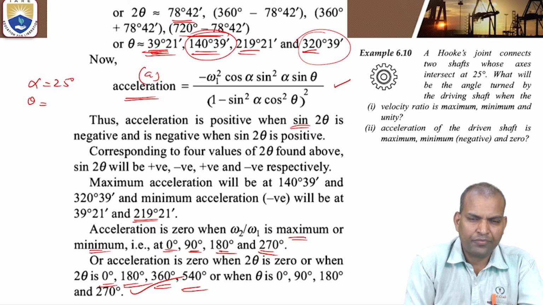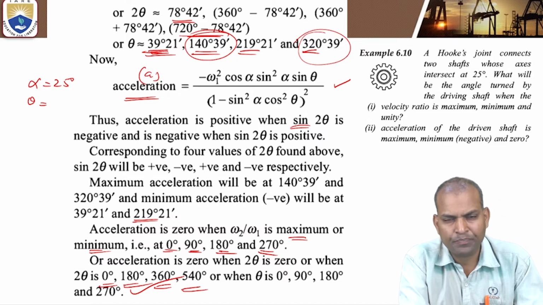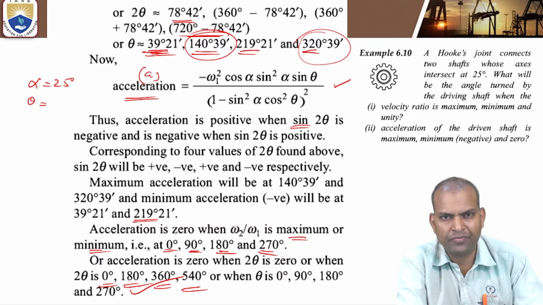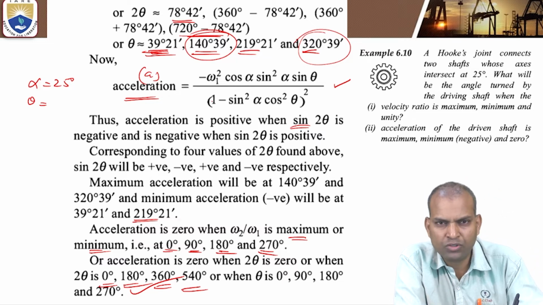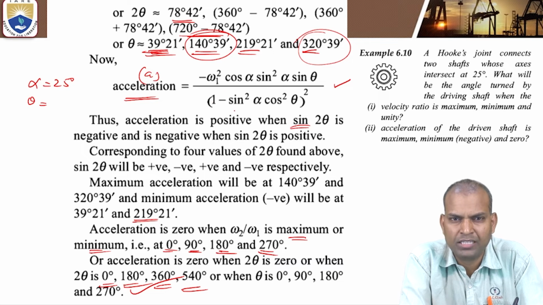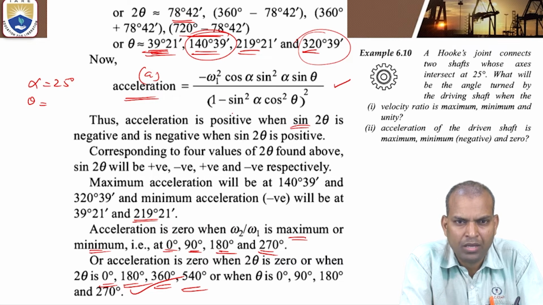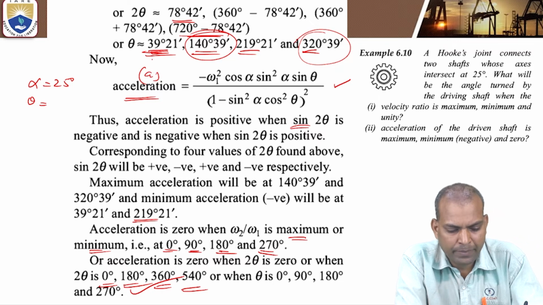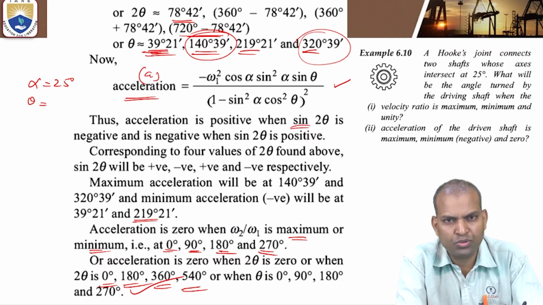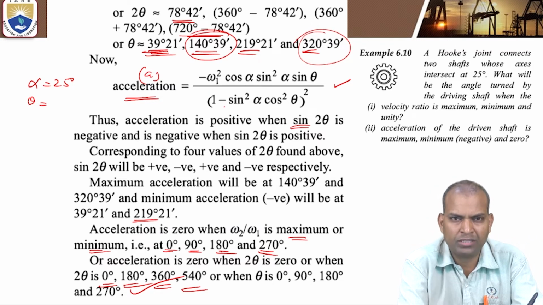Among those values, after finding the theta values, we substitute them into the equation of acceleration, that is minus ω1² cos α sin²α sin 2θ divided by (1 minus sin²α cos²θ) whole square. By substituting the angles, only after substitution do we get to know what is the maximum and what is the minimum acceleration.